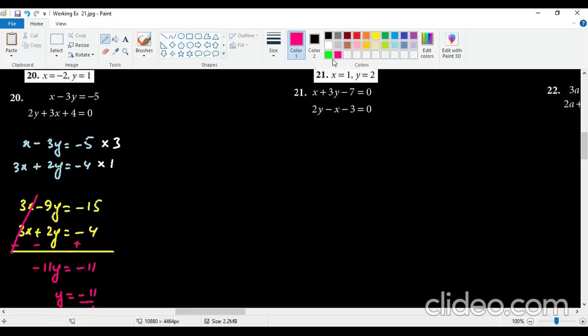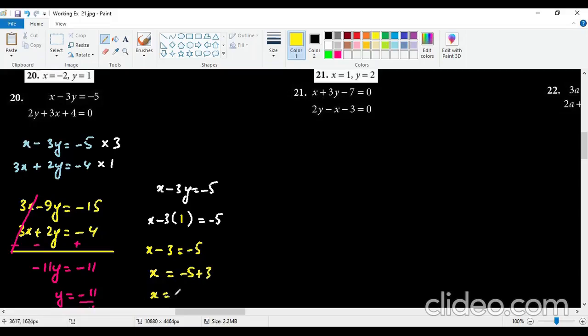So I will write x minus 3y equals negative 5. So x minus 3, the value of y is 1, and x minus 3 equals negative 5. x will be equal to negative 5 plus 3. So x will be equal to negative 2, which is the required answer.